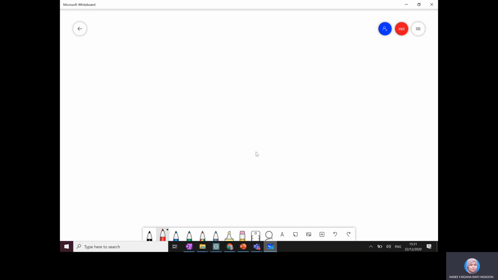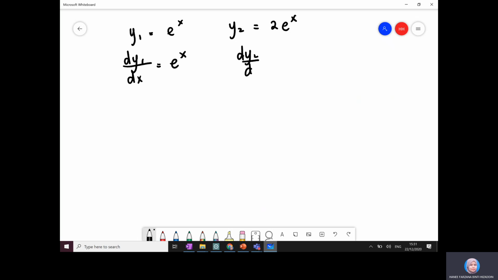Okay, so y1 is e to the x and y2 is 2e to the x. You find dy1/dx, which is e to the x, and dy2/dx, which is 2 times e to the x. And you calculate the Wronskian determinant: y1, dy1/dx, y2, and dy2/dx.